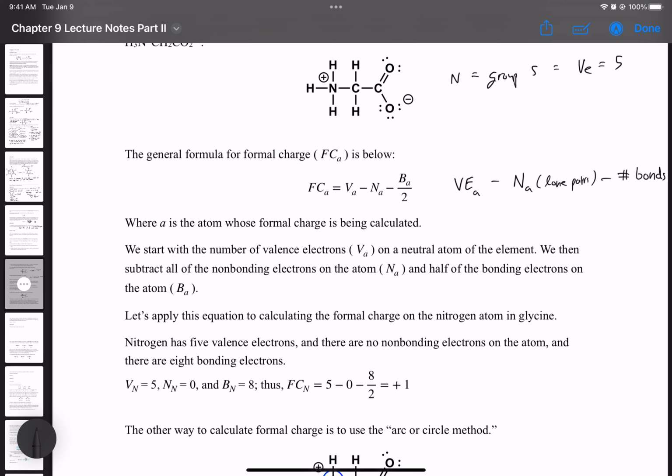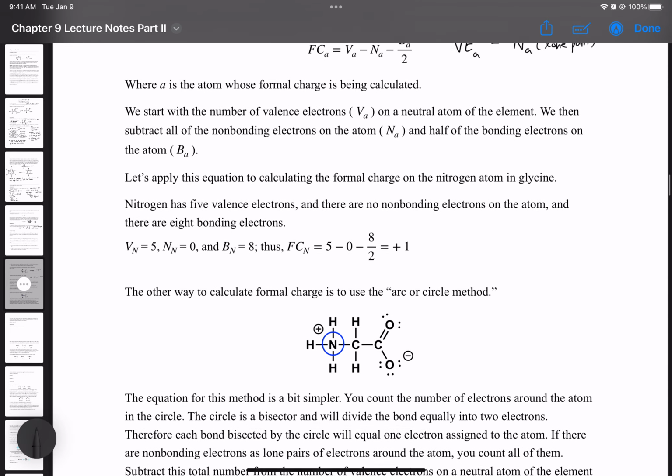But compared to the bond it is part of, it's not really going to be partially positive. We just say, okay, nitrogen has a positive charge, and that's because it has given all of its electrons to form bonds. And when it does that, it's going to be a positive formal charge because it gave up its electron to form an additional bond to a carbon atom.